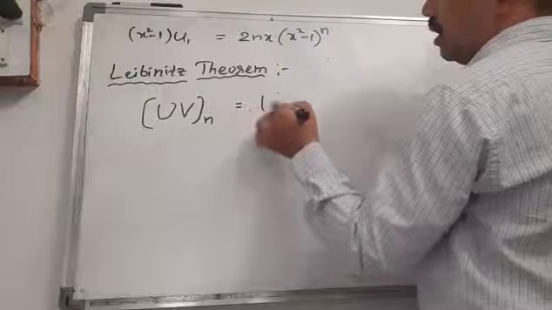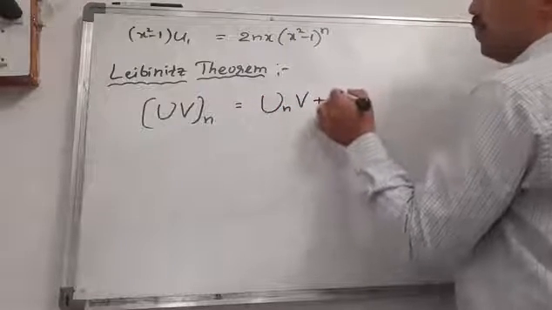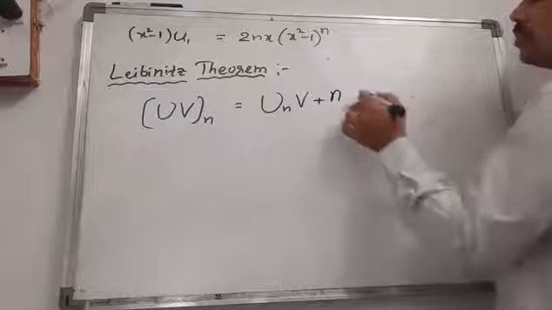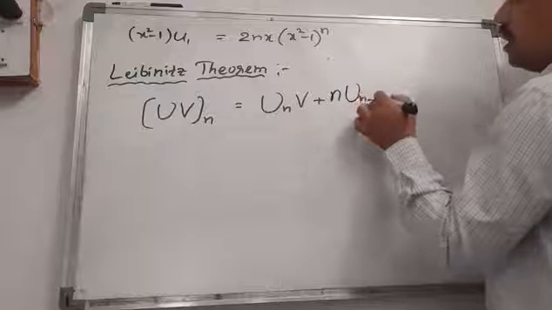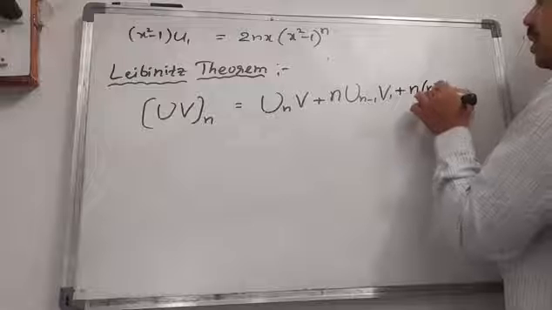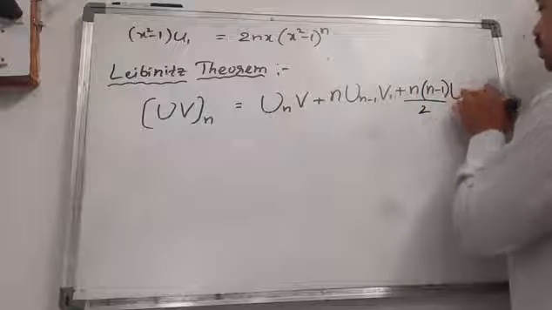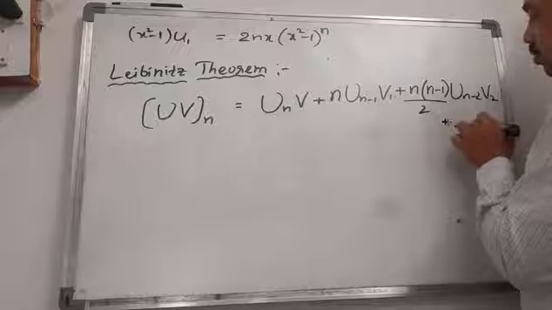We get unv plus n into un minus 1 v1 plus n into n minus 1 by 2 un minus 2 into v2 plus and so on.